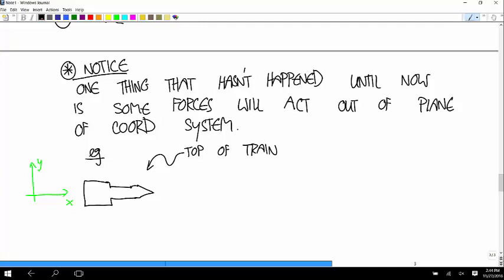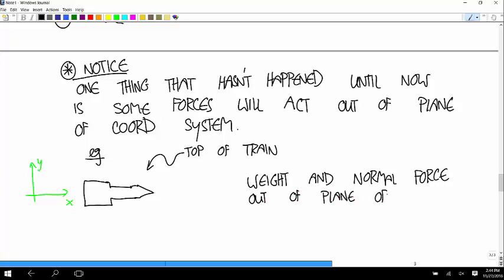In this case, the normal force would be acting out of the page. So the weight and the normal force are out of the plane of the coordinate system.